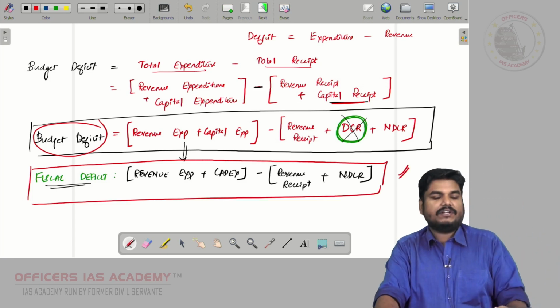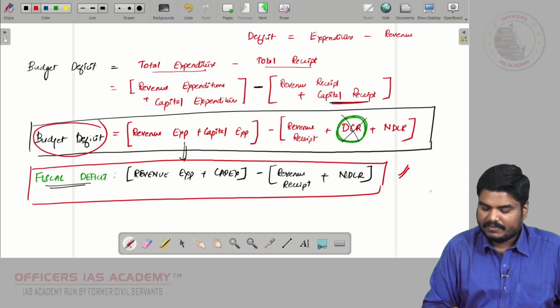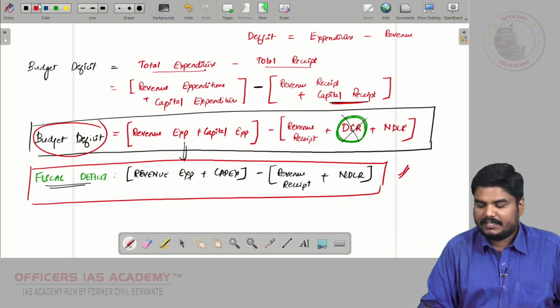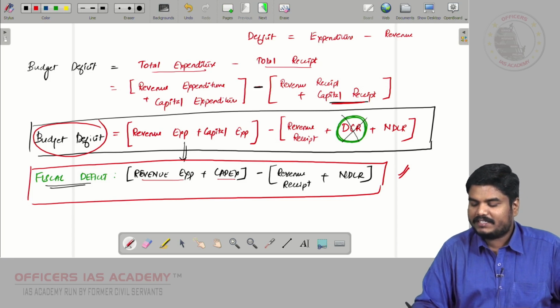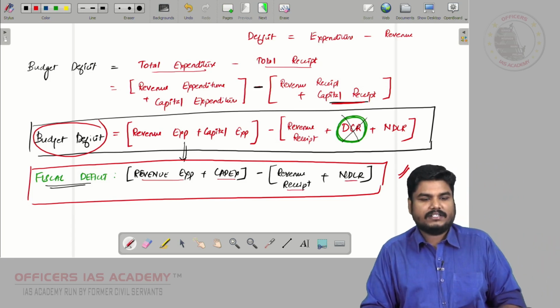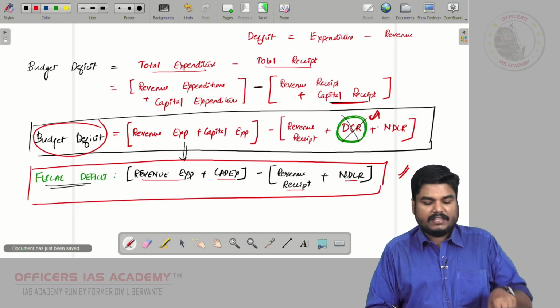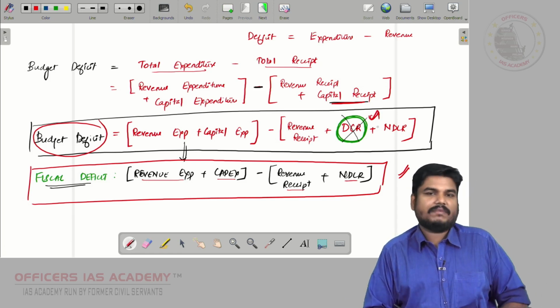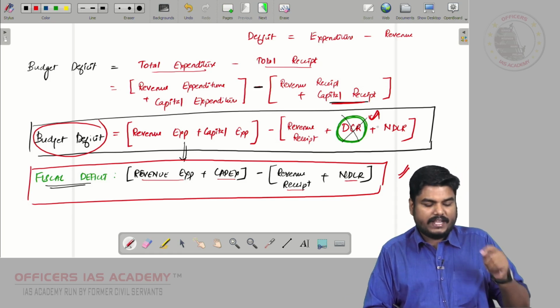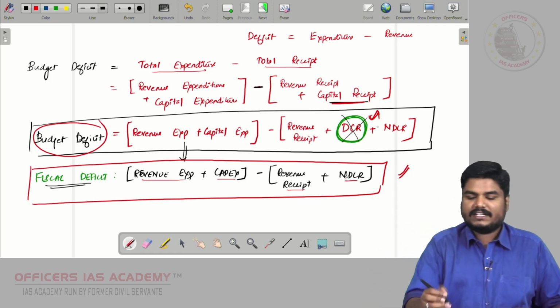So fiscal deficit is equal to revenue expenditure plus capital expenditure minus revenue receipt plus NDCR. Don't take the borrowing part. In the budget deficit, we also take the borrowing part, but in the fiscal deficit, don't take the borrowing part. When you don't take the borrowing part, you get the definition of fiscal deficit.